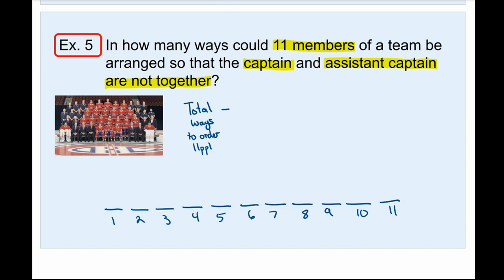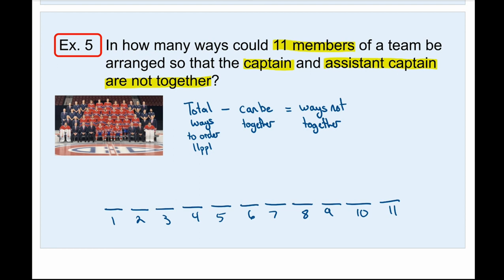So if we're looking for when they cannot be together, then the complement is when they can be beside each other, or when they can be together. And when we subtract that from the total, we would get the ways that they are not together. So again, just using that indirect method.